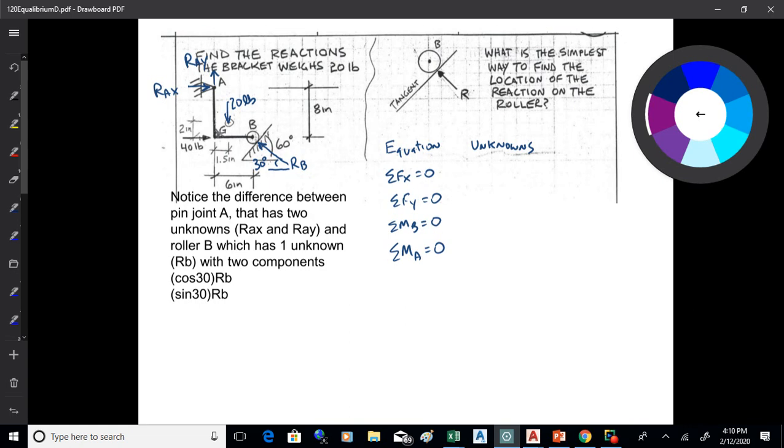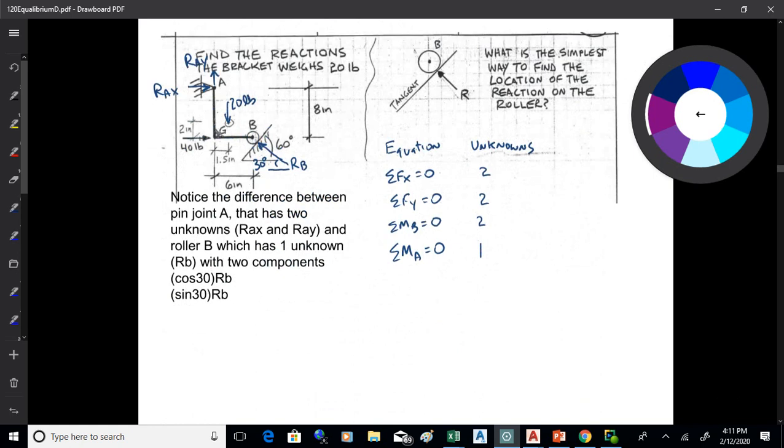Now what we want to do here is to take moments about a point where unknown loads are applied. That's normally what you do so that you can then solve for the other unknown forces. So if we look at those equations that we could use, sum of FX, sum of FY, and sum of moments, let's see how many unknowns we would get from those equations.